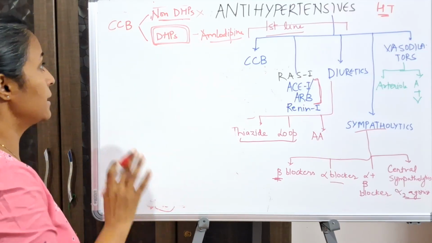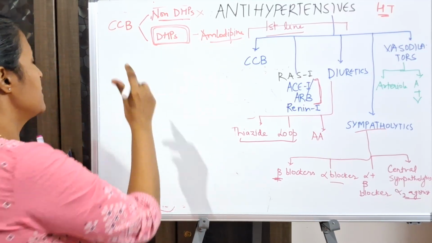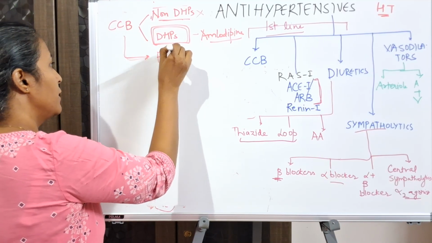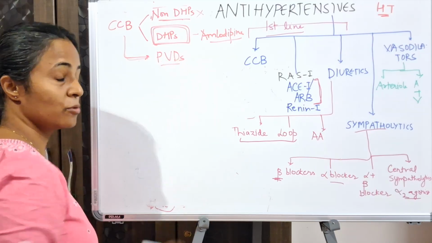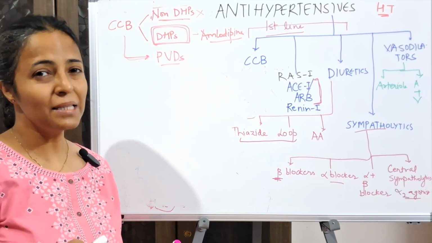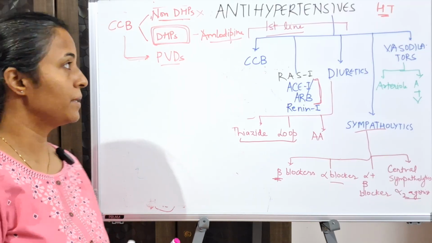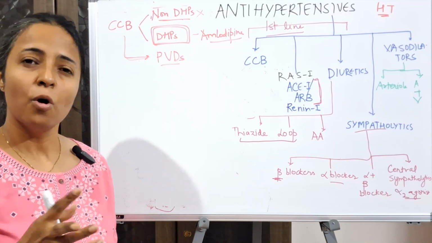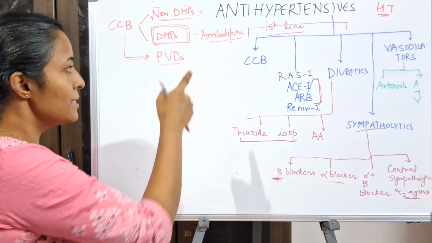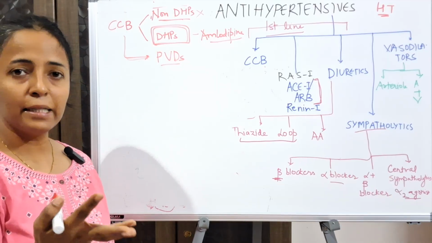That is CCBs. These CCBs are also preferred in patients with peripheral vascular diseases. That means if the patient is having some disease in which the blood supply to the organs is limited. Peripheral vascular diseases, already the blood vessel is constricted. So CCBs, we have seen, they act by dilating the blood vessels.